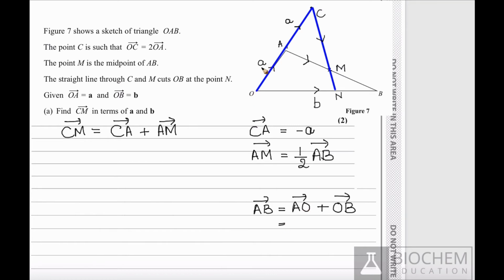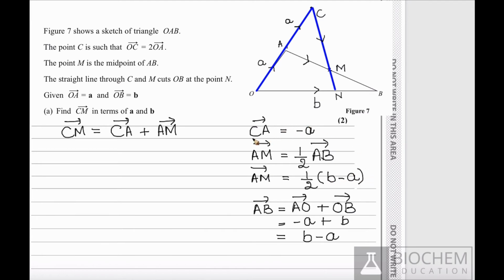As OA is equal to a, AO would be negative a. And OB vector, we already know, OB is b. Hence, AB vector is b minus a. So substituting AB vector into this equation, AM vector is half times AB vector, which is b minus a.